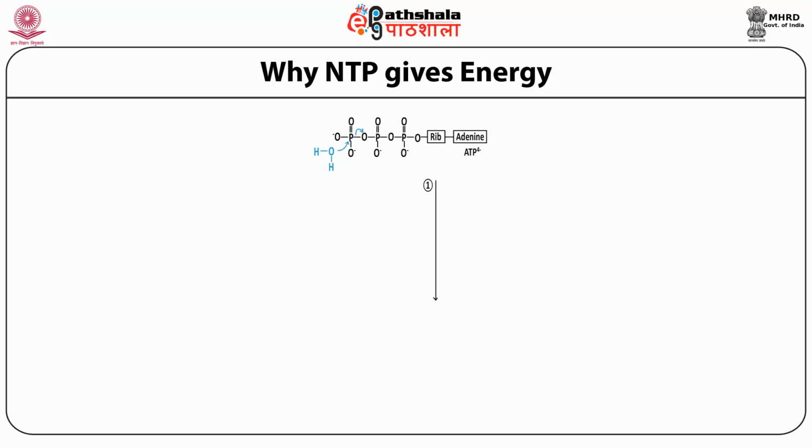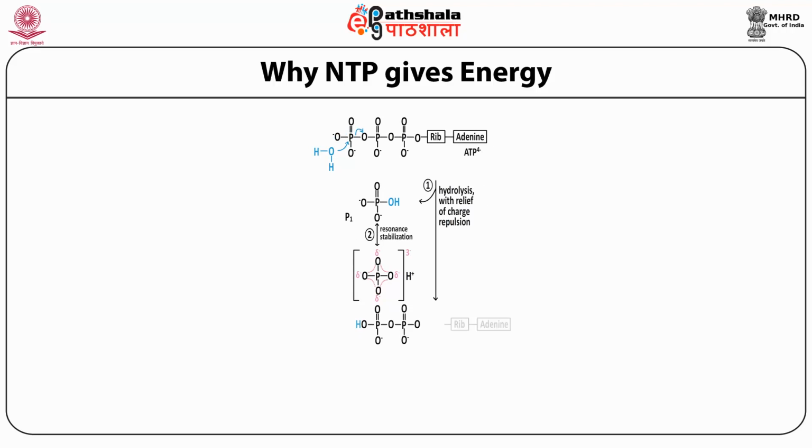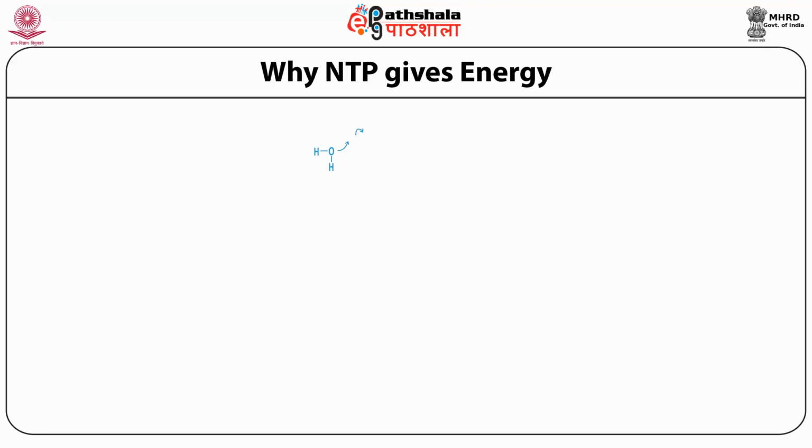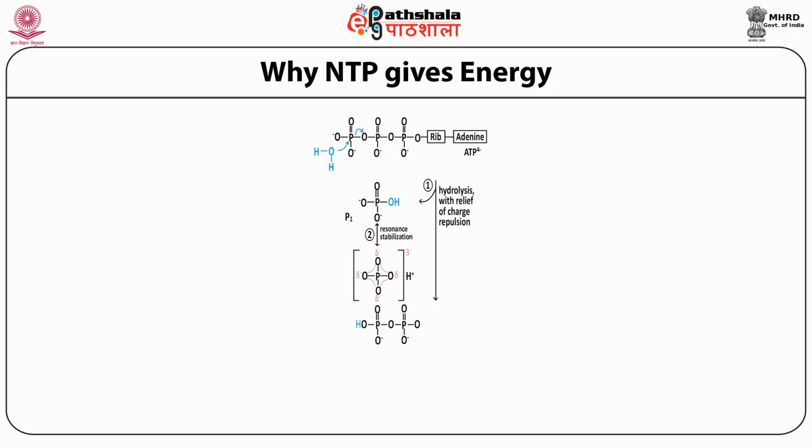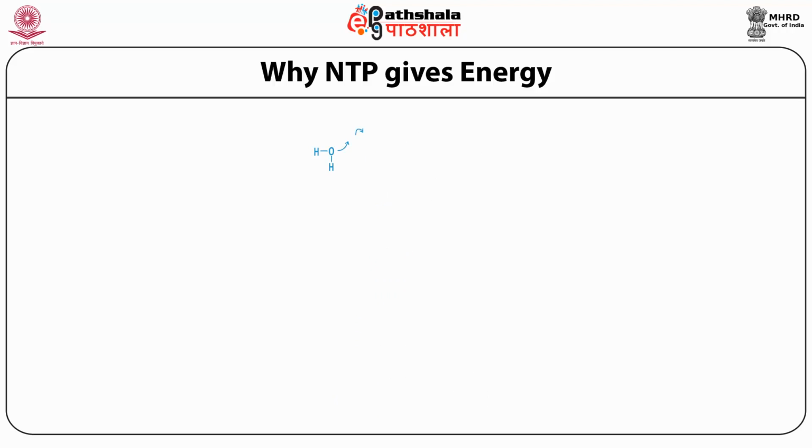At the same time, ADP 2 minus in physiological conditions donates its proton and becomes ADP 3 minus. Therefore, you can see that repulsion is reduced after ATP hydrolysis, inorganic phosphate is resonance stabilized, and ADP 2 minus is converted to ADP 3 minus.